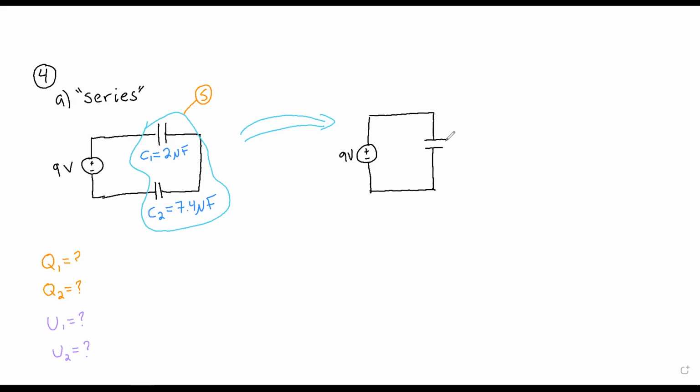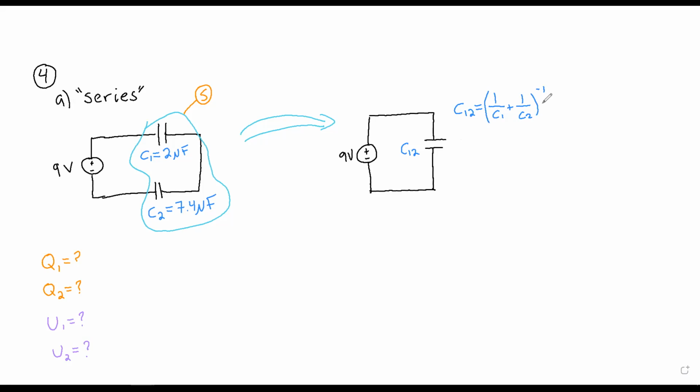There's going to be a new capacitor here that I'm going to call capacitor 1,2, which is actually the total capacitance of the circuit. And capacitor 1,2, we know how to calculate that capacitance, right? It's the reciprocal. So capacitor 1,2 is going to be 1 divided by capacitor 1 plus 1 divided by capacitor 2, everything to the -1.